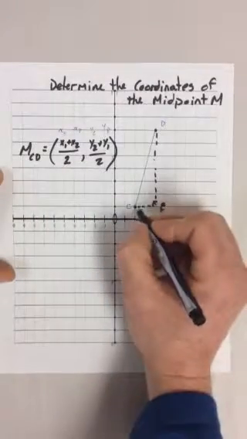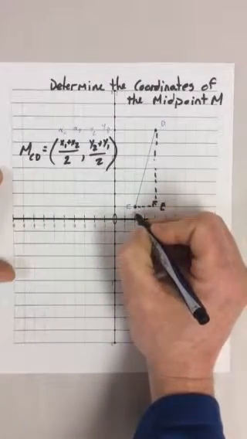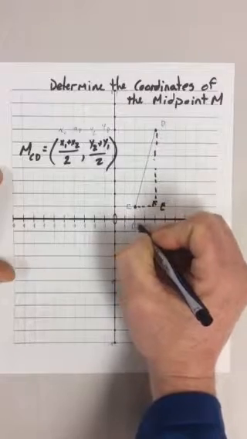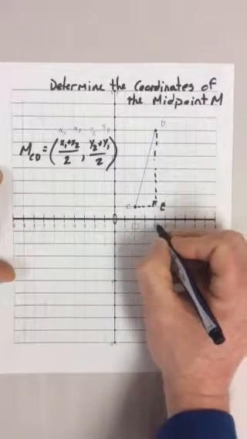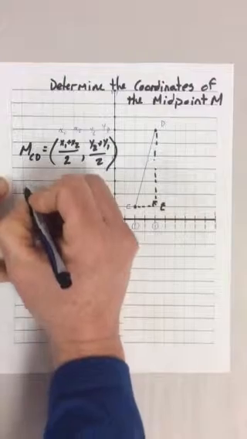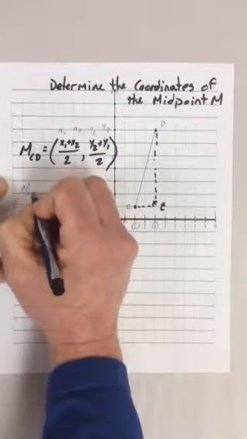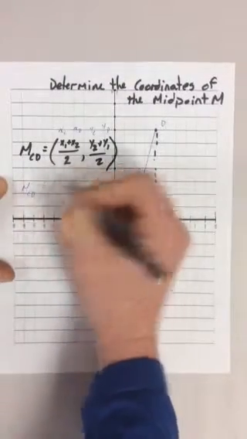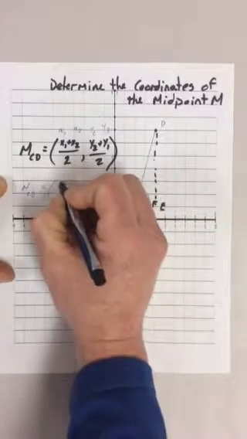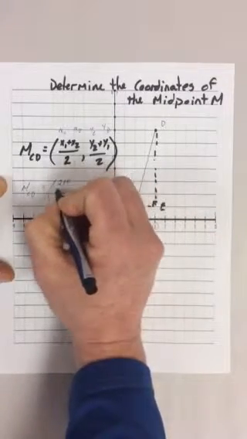So C has an x value of 2, D has an x value of 4. So the midpoint of CD equals 2 plus 4 divided by 2.